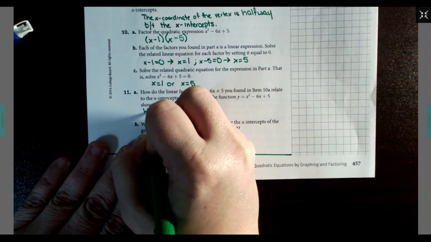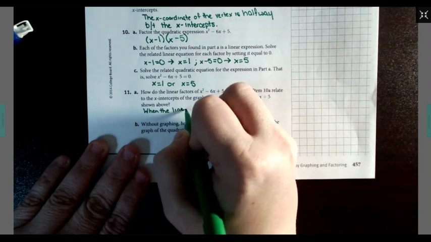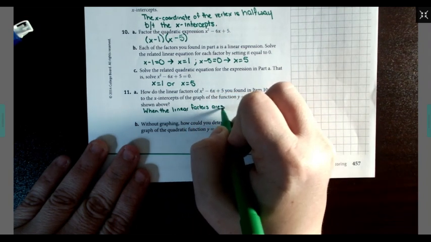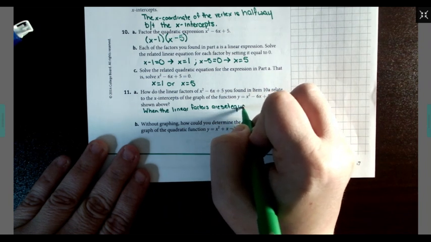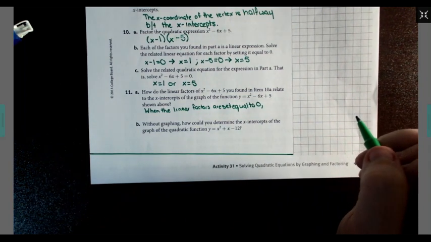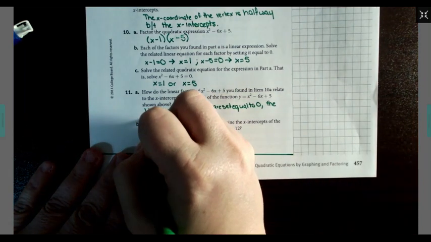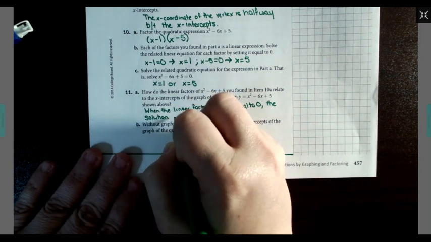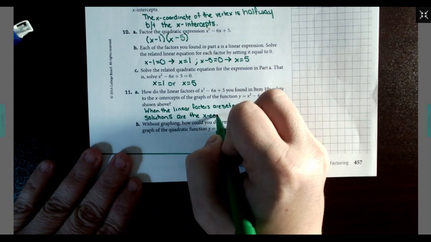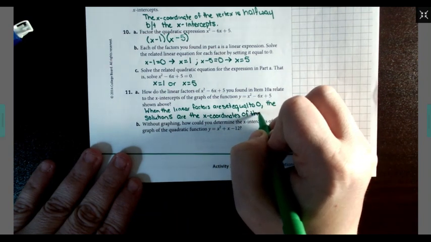When the linear factors are set equal to 0, the solutions are the x-coordinates of the x-intercepts.